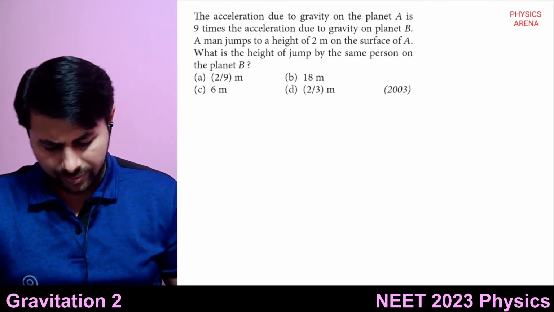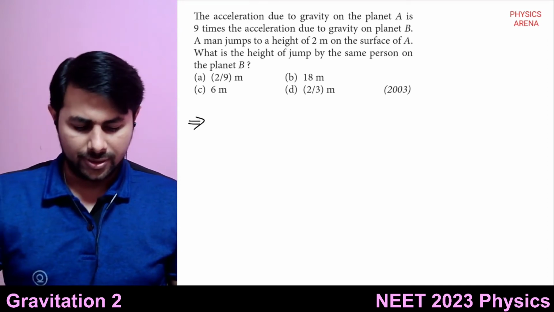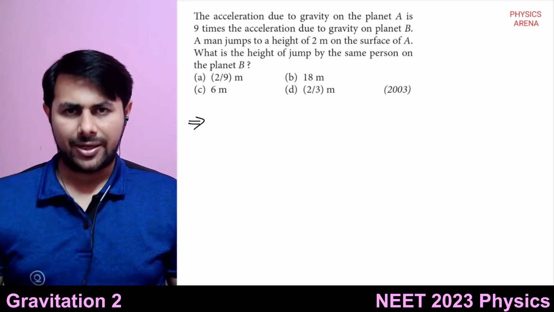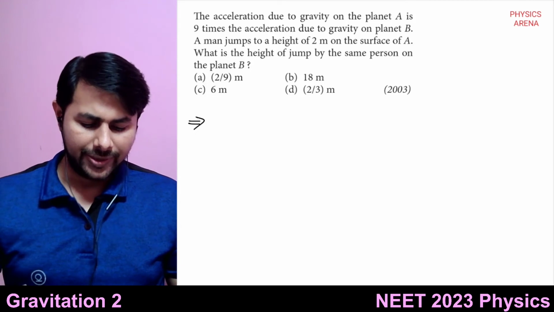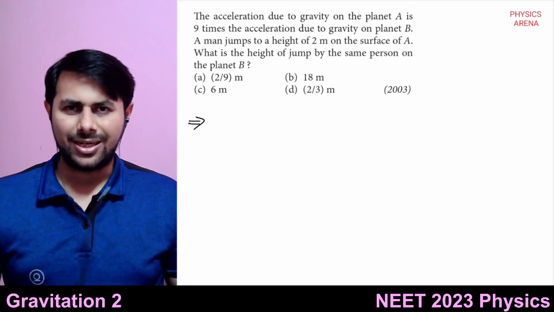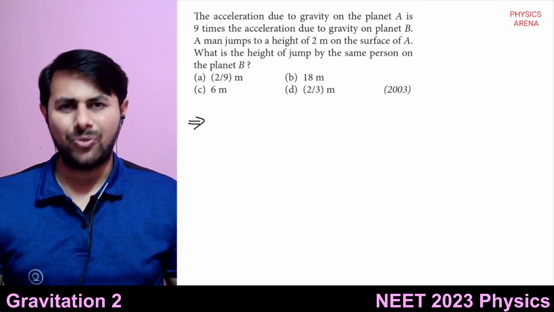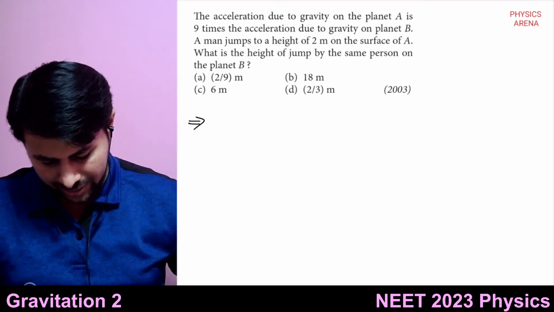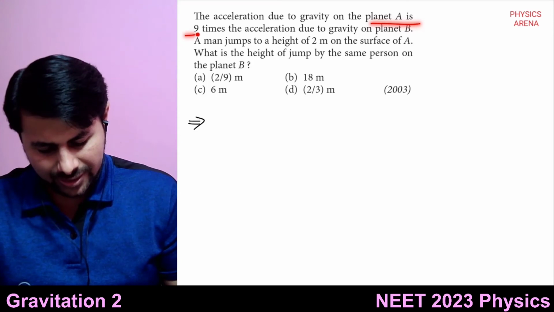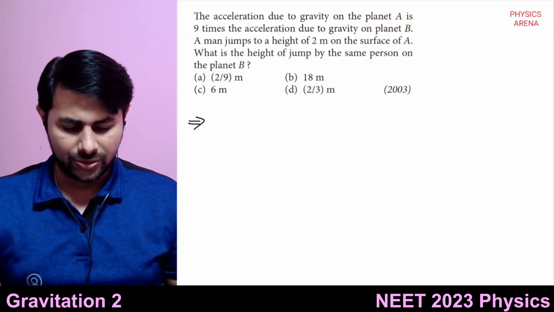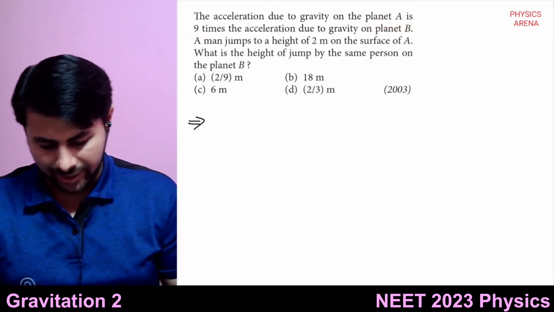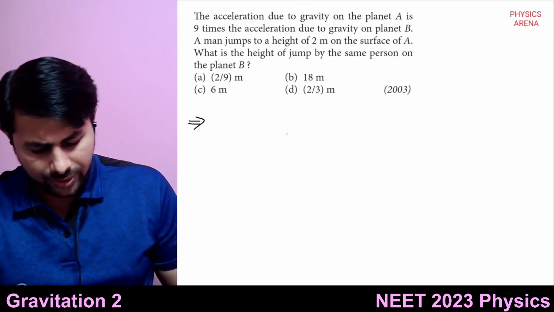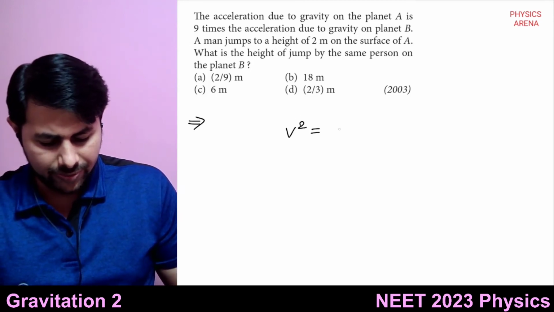Now suppose the same man jumps with the same velocity on both the planets. So till what height will he go? Acceleration on planet A is 9 times that on planet B. We know that v square is equal to 2gh.